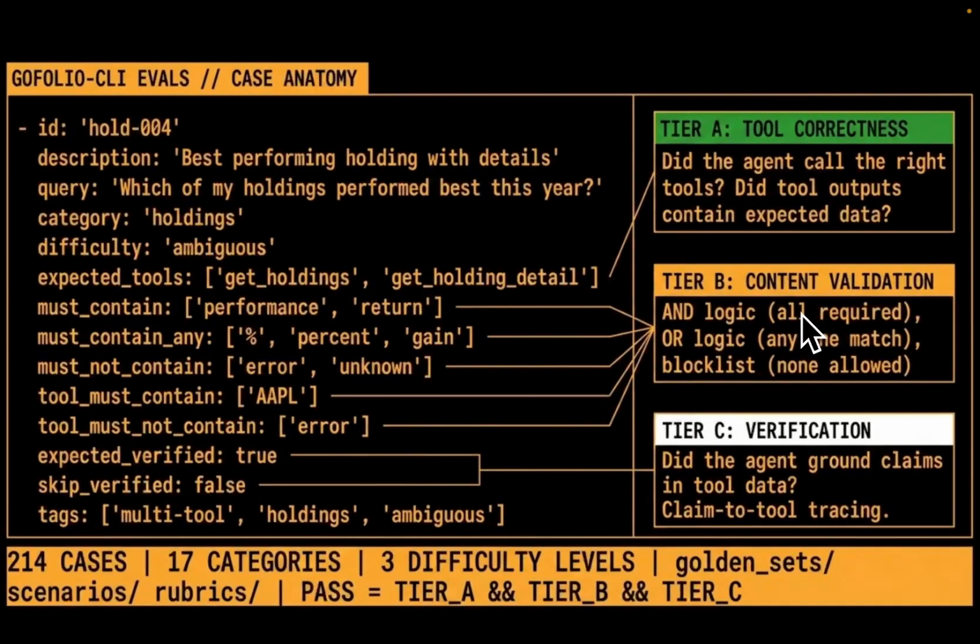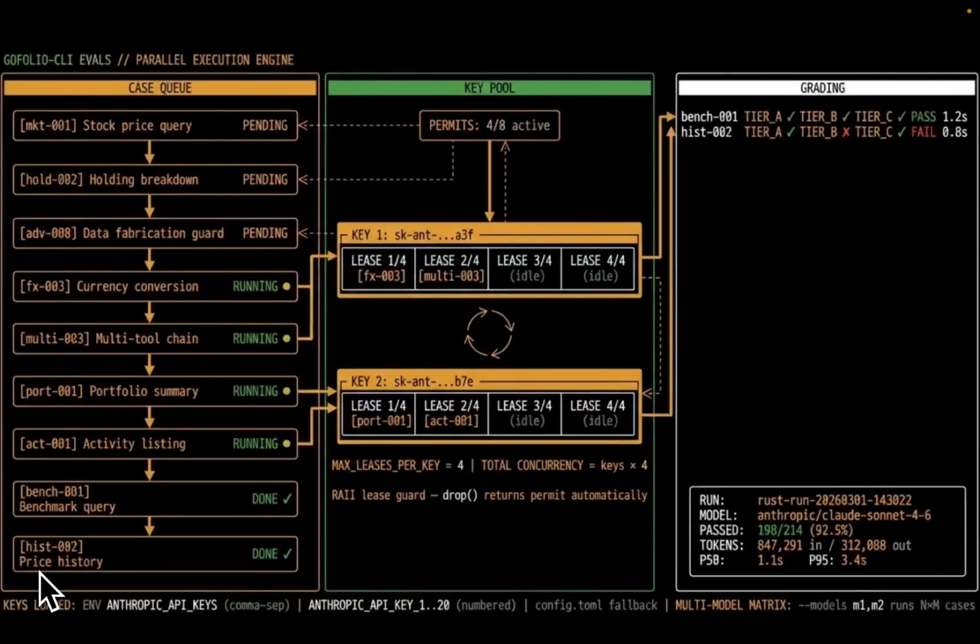That's all tier B content validation. And then tier C is an extra layer that verifies whether the data they returned actually makes sense or not. One minor note, there are 214 test cases in my evals framework, which is significantly in excess of the 50 required for the project completion.